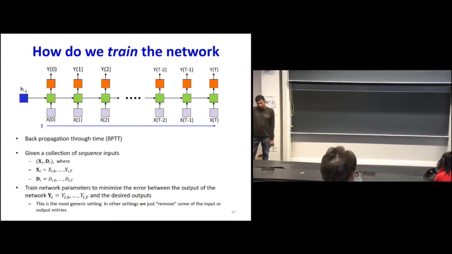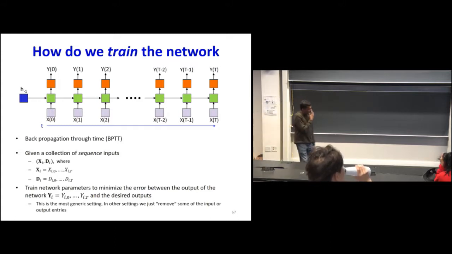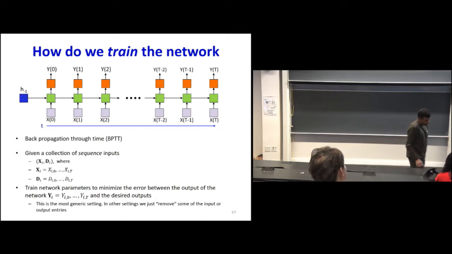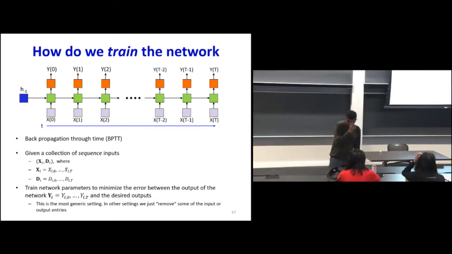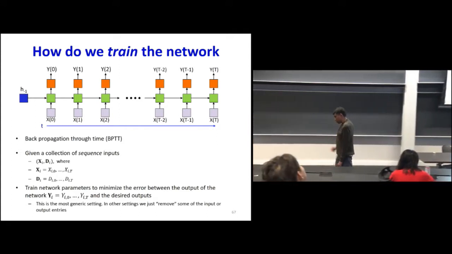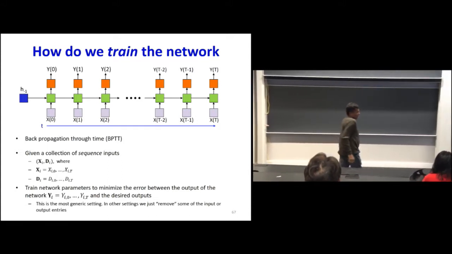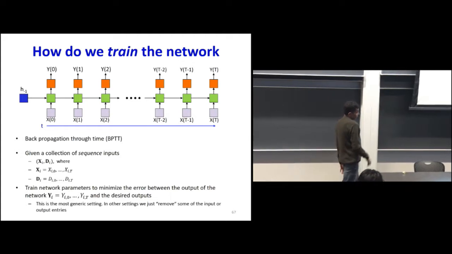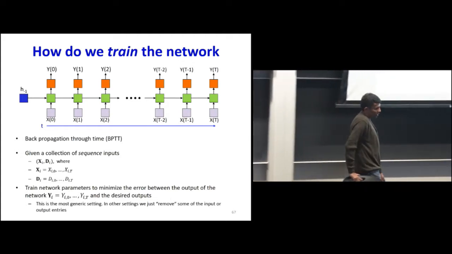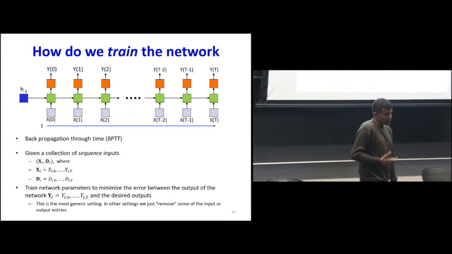That works. So here, the way we would do the training, we're going to perform backpropagation through time. The reason we call it backpropagation through time is that when you actually chart out the network, it is a feed-forward network. Although we call it a recurrent network, there is no self-recursion.